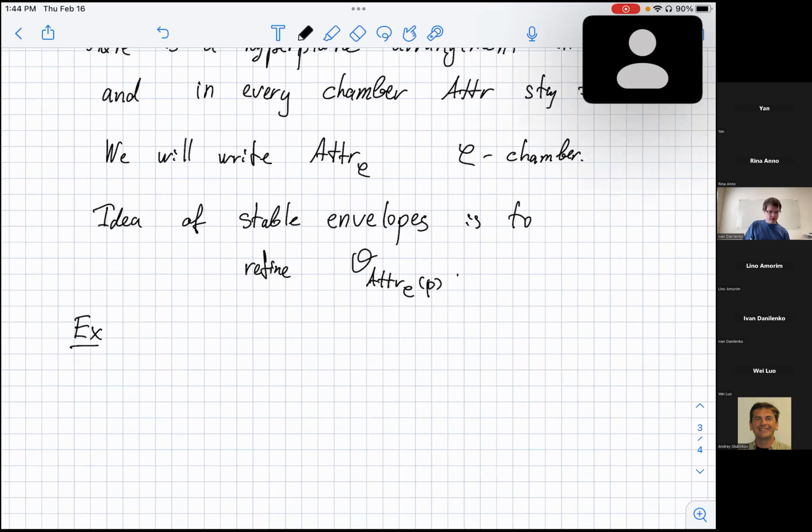Okay. So let's do the example of T star P1. I have exactly two fixed points, 0 and infinity of the 0 section.